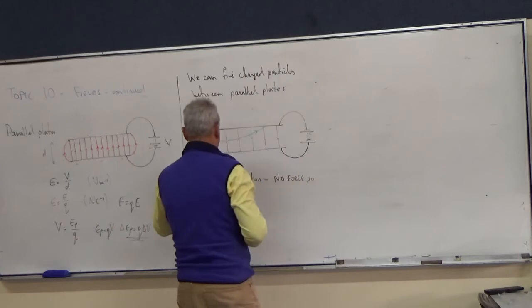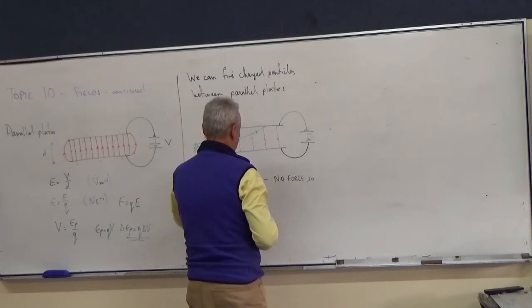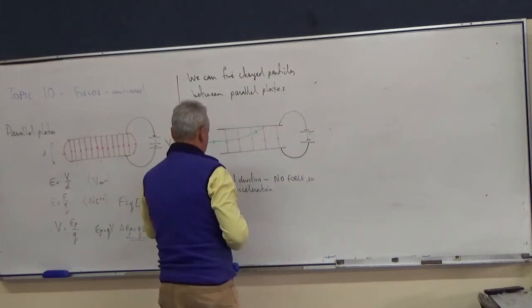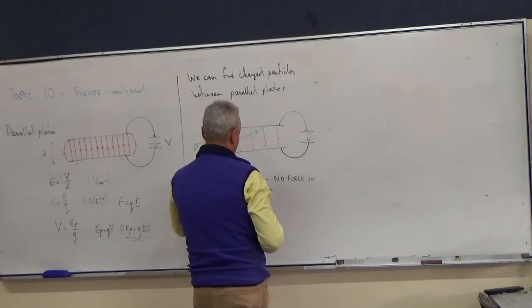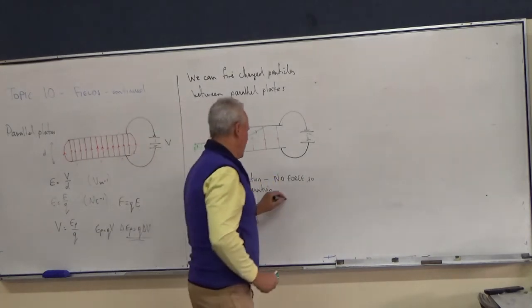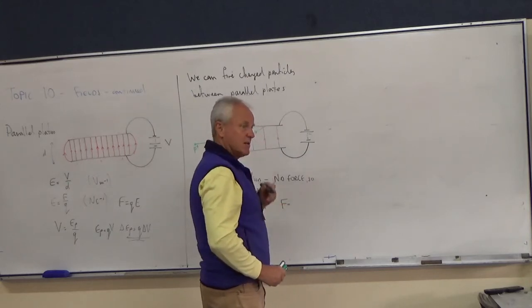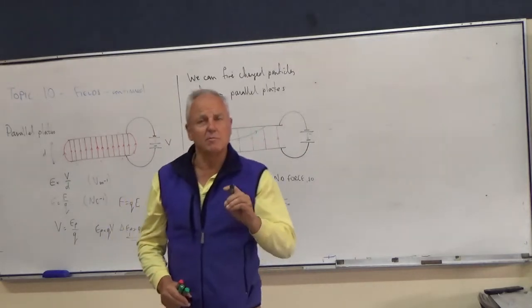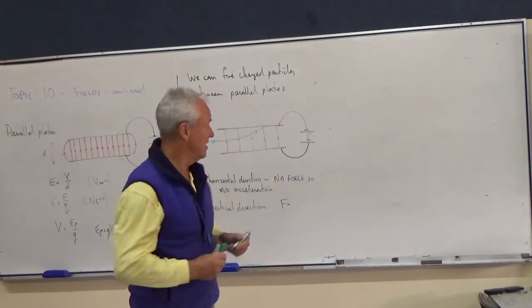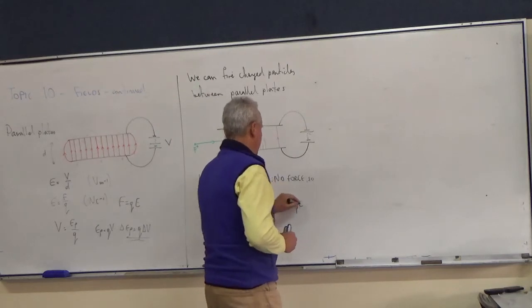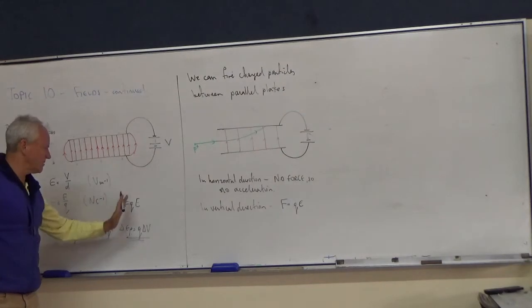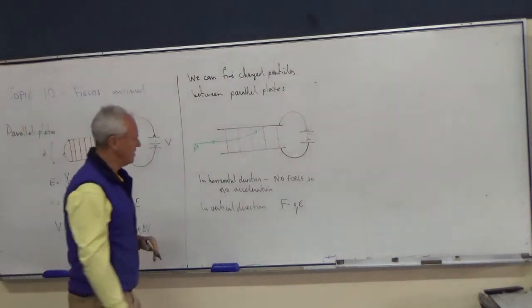And so in this one here we're firing in horizontally, there's no force, so no acceleration in the horizontal direction. In the vertical direction, just like F equals m times g for the gravitational force acting on an object, F equals q times E. Again, you see it's these ones here that become more significant.